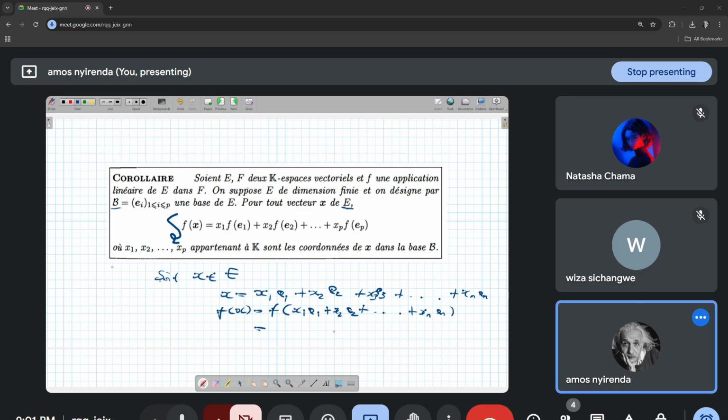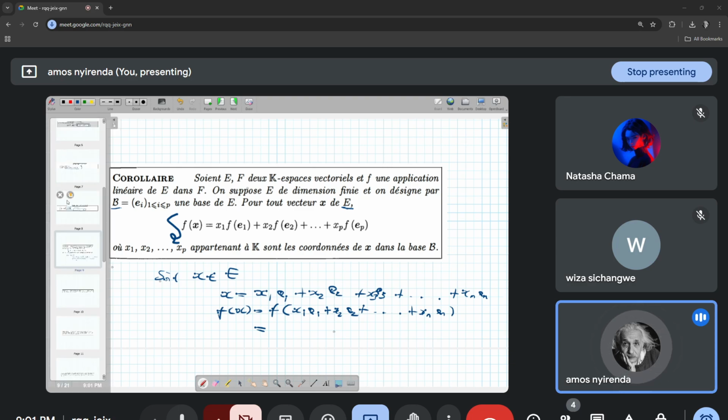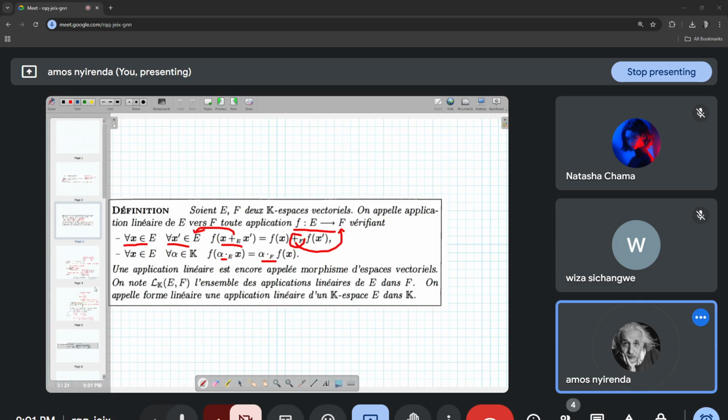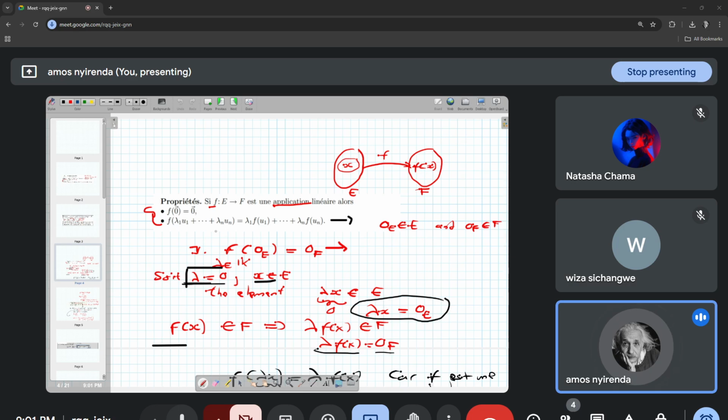Or f est une application linéaire. And then there's this second property that I showed you, the one that we're supposed to demonstrate par récurrence, or by mathematical induction. Let me just quickly go back to that particular property. I described how we can try to show that this is actually true.